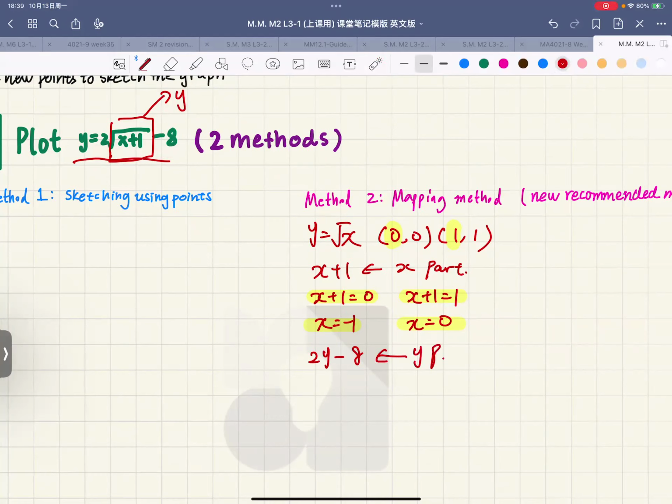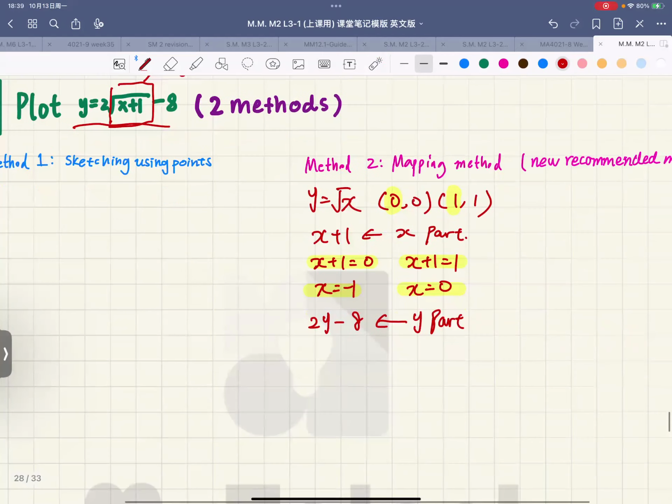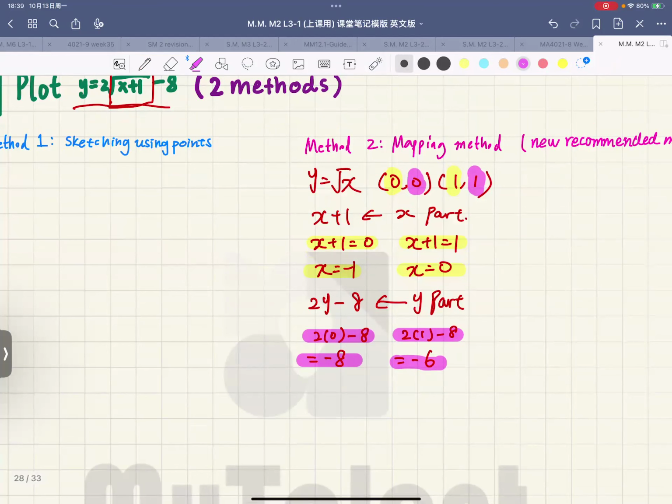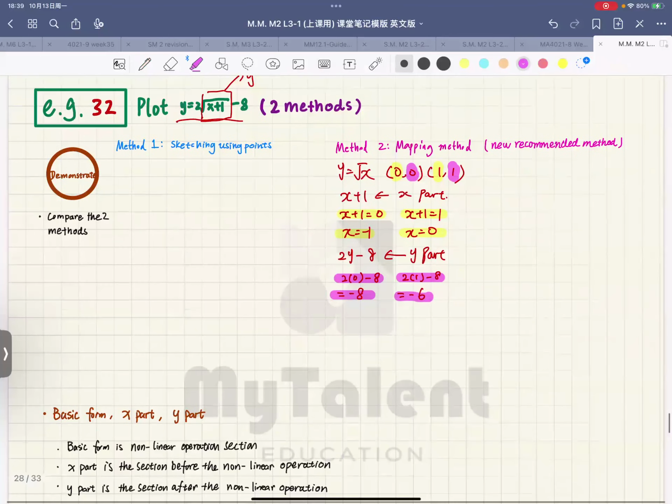So for the y part, 2 times 0 minus 8 is equal to -8. And 2 times 1 minus 8 is equal to -6. That's my y part.